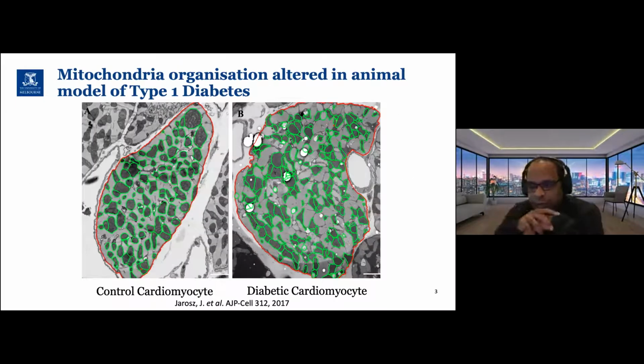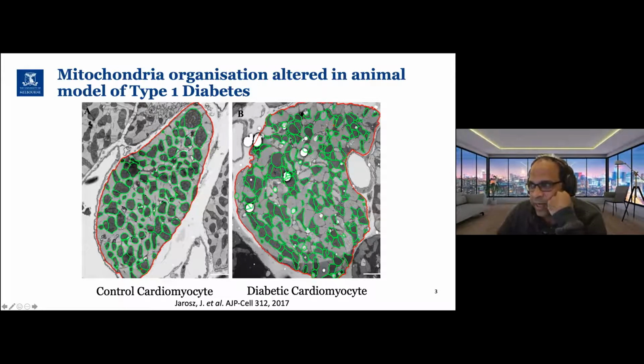What we did in my lab is we also collected some electron microscope images from streptozotocin-induced diabetic rats. What you're seeing is cross-sectional images. If you think of a cardiac cell as a cylinder, you're looking at the circular face of that cylinder. The dark spots are individual mitochondria that we've identified and manually annotated with a green boundary.